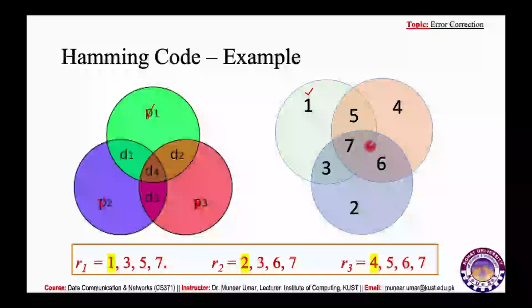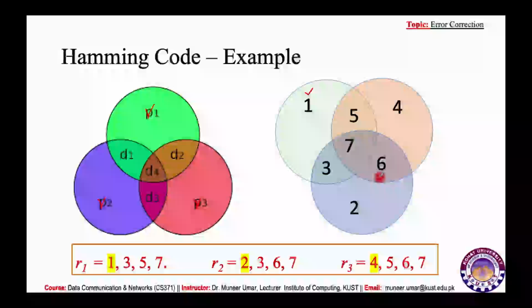Now if we look into 5, this is present in R1 and R3 only, but not in all, and also not present in this one, R2. If we look into 7, this one is present in all the 3 blocks.